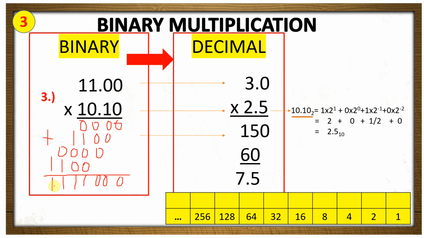Okay, so let us check if this is correct. Since it is the same as in decimal, just simply count the number of decimal places. So this is 2 here, so you count 4. In multiplication, you count 1, 2, 3, 4 here. So the decimal point is here.